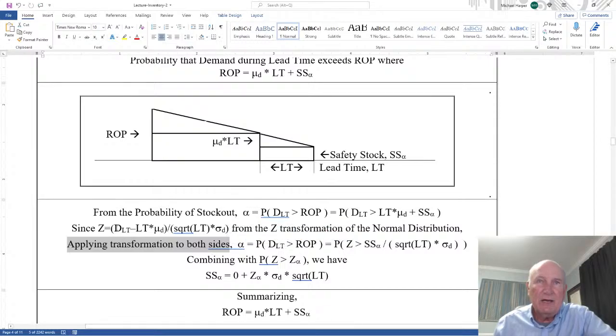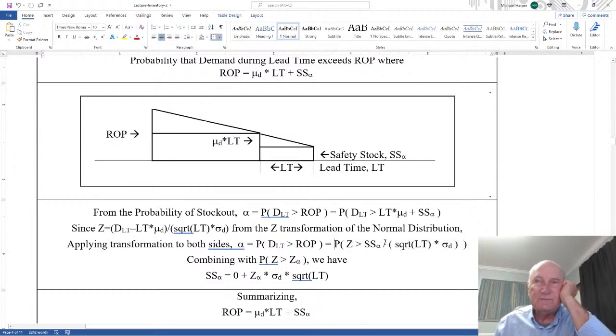Applying it to the left-hand side, this D becomes a Z, and there it is. But if I perform this transformation on the right-hand side, first of all, the lead time and the mean cancel out, and what I'm left with is just the safety stock divided by the standard deviation of the demand during lead time.